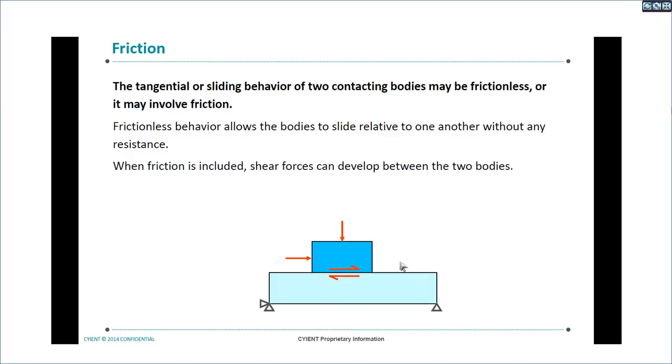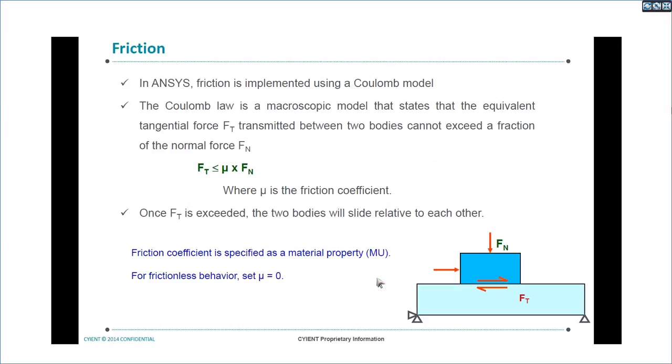There won't be any resistance between these two components. When friction is included, it will develop shear force between these two bodies. Forces will be generated between the two bodies along the movement, in the tangential direction. So either you can give friction or no friction.